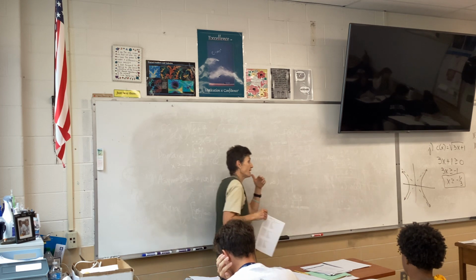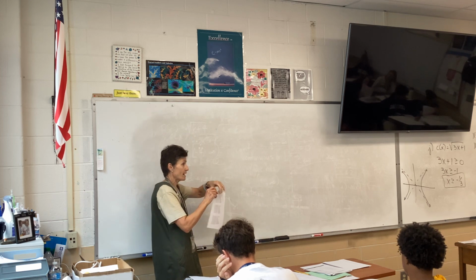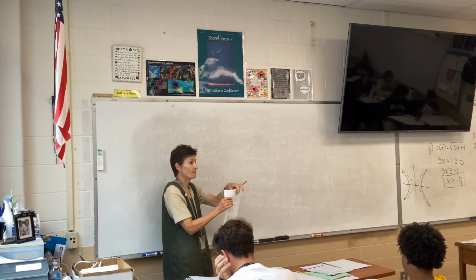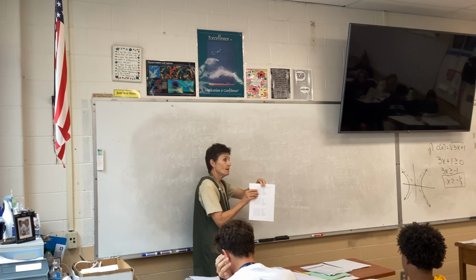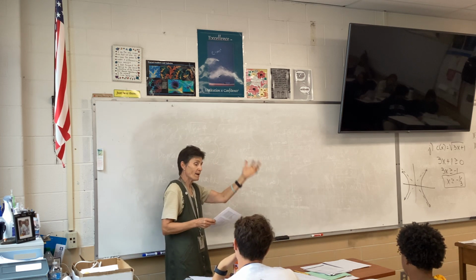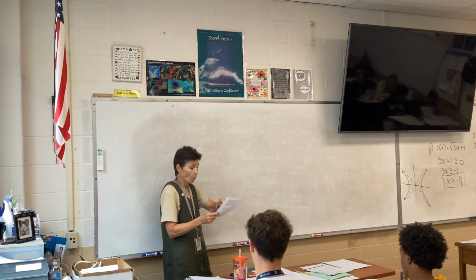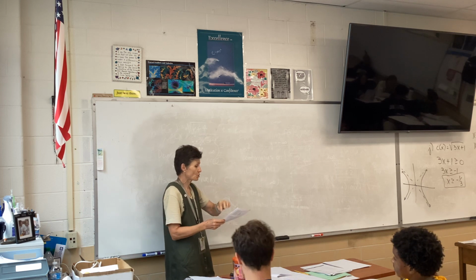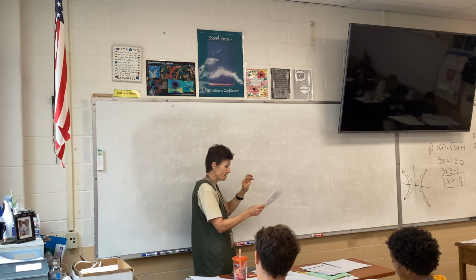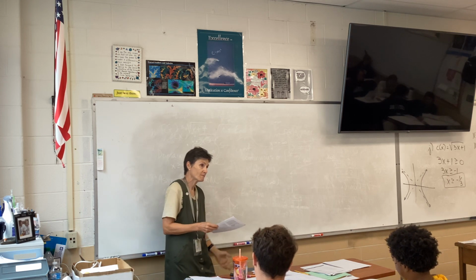Because at some point, I will say, okay, what's the first one here? The identity function. I'll say, okay, what is the domain of the identity function? What is the symmetry of the squaring function? What is the horizontal asymptote of the cubing function?